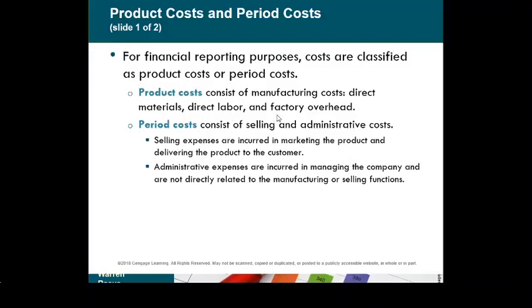So let's say I have three different examples. Admin clerk will be categorized as admin expenses. Finance clerk will be categorized as admin as well. Sales clerk will be under selling expenses, and production clerk will be categorized under factory overhead. Okay.